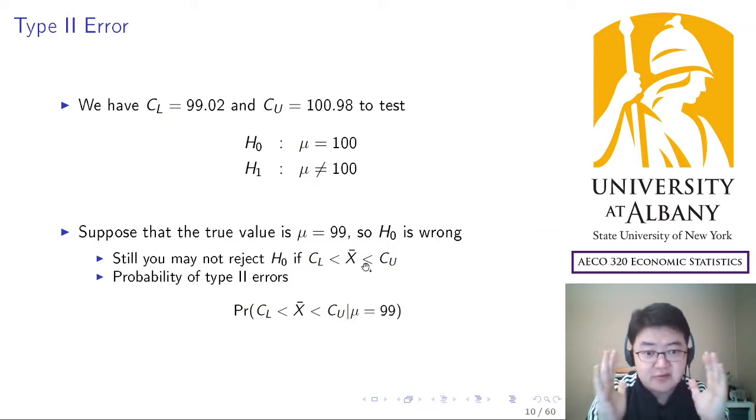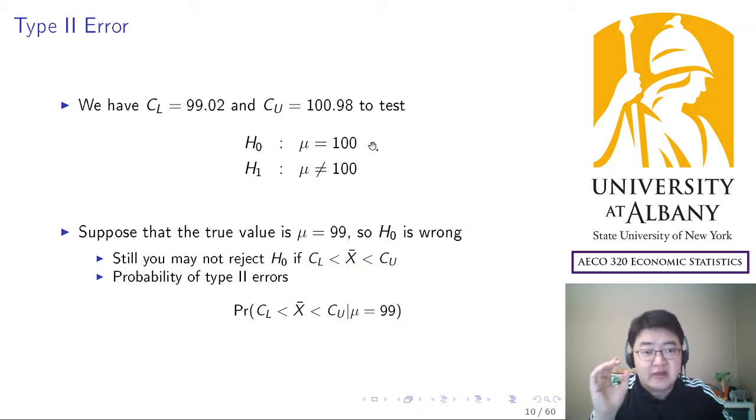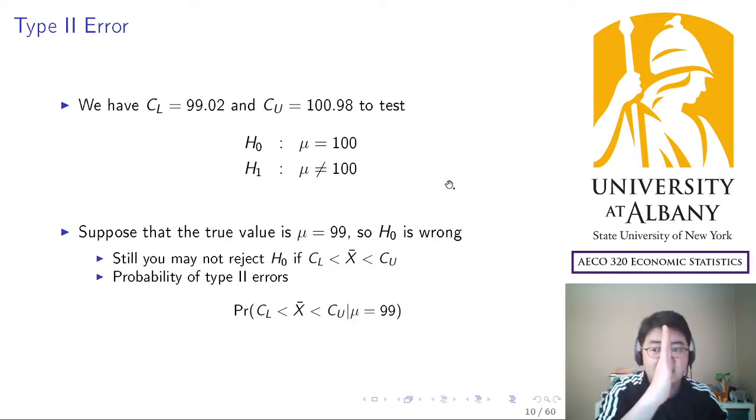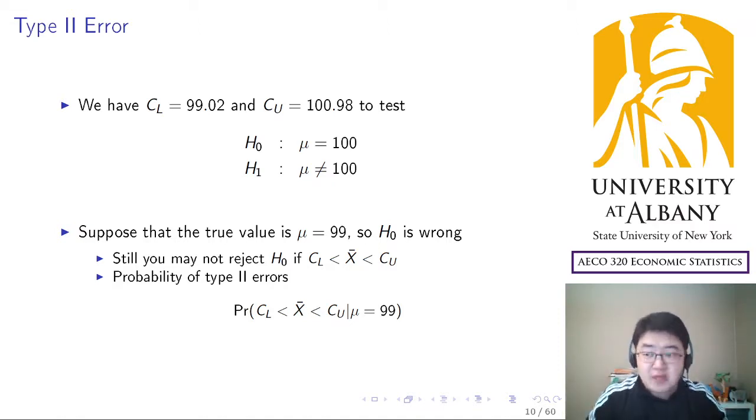The critical values are always around your belief, 100. So there is your belief 100, and you define a certain margin of error around the belief. So that's the critical value. And if the observed sample mean falls within the critical value acceptance region, then you don't reject H0. That's when you may have type 2 errors.